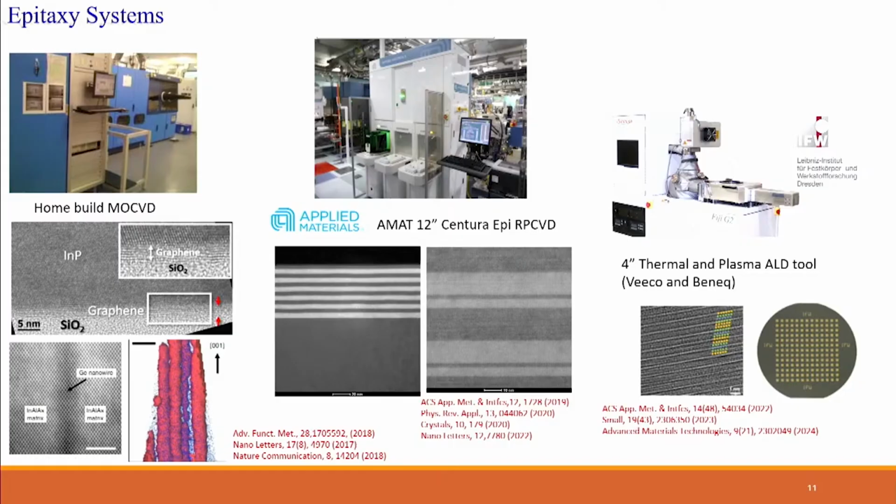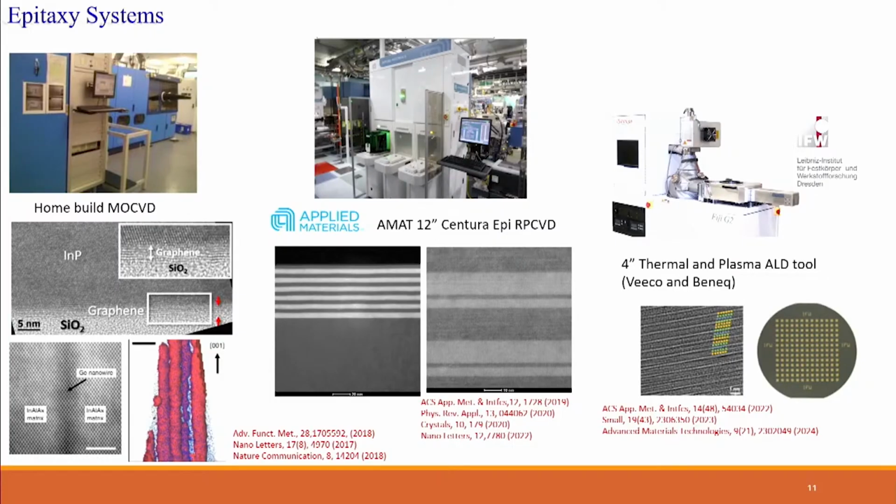In my first postdoc with Applied Materials, I got the opportunity to work on their 12-inch, 300 millimeter Epi Centura CVD systems, growing silicon germanium heterostructures. And later at the Leibniz Institute, Germany, I worked with thermal and plasma ALD tools, growing transition metal dichalcogenides and their multilayers, all on silicon dioxide. Again, some good publications.